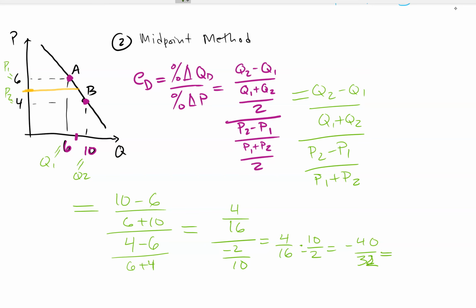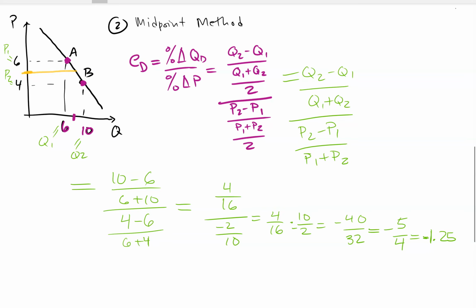A number that goes into top and bottom is 8. 8 goes into the top 5 times and into the bottom 4 times. So our final answer is negative 5 over 4. Notice, still law of demand, it's negative. And if you want to change this into a decimal, which is very common, this would be 1.25.